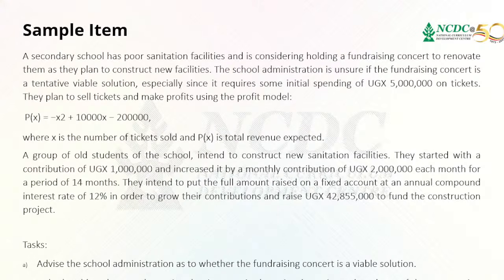I have a sample assessment item here. I can read it. We can go through together. A secondary school has poor sanitation facilities, and it is considering holding a fundraising concert to renovate them, as they plan to construct new facilities.